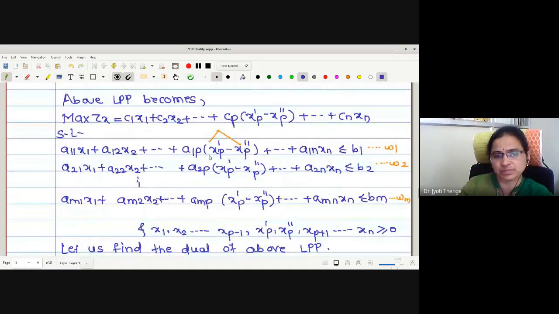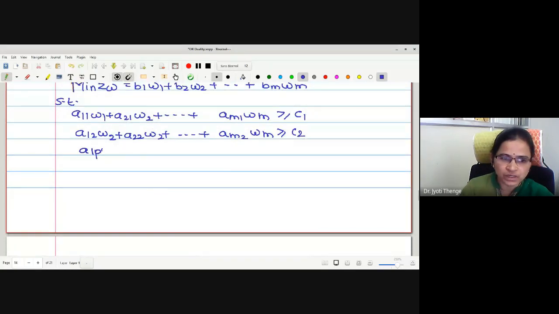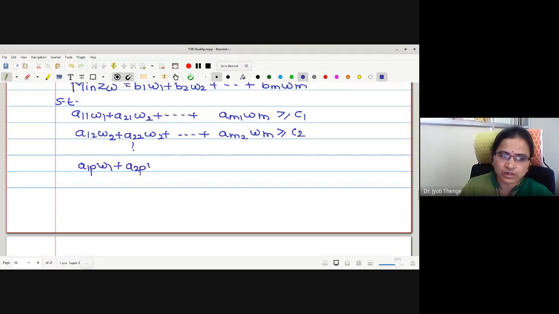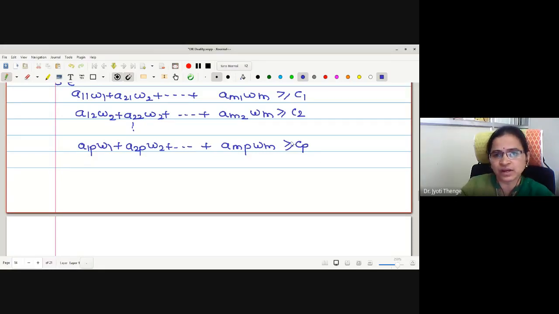Now write the pth constraint. What are the coefficients? a1p, a2p, amp. a1p w1, a2p w2, so on, amp wm greater than or equal to the corresponding coefficient, which is plus c_p. Good. Now for this second one, what are the coefficients?